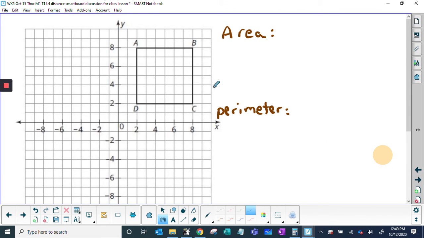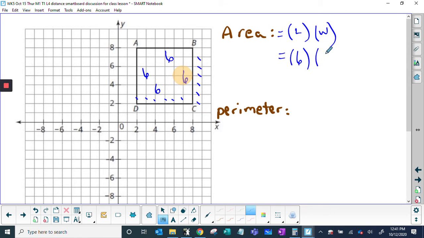All right, here we go. First problem, area, length, width. 1, 2, 3, 4, 5, 6. 1, 2, 3, 4, 5, 6. Well, it's a 6 by 6. It's a square. So the area is nothing more than 6 units times 6 units, which is 36 square units.